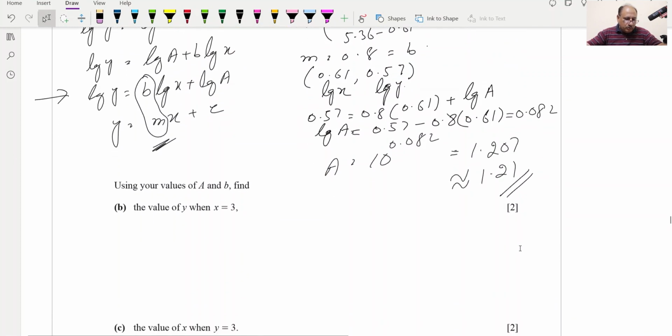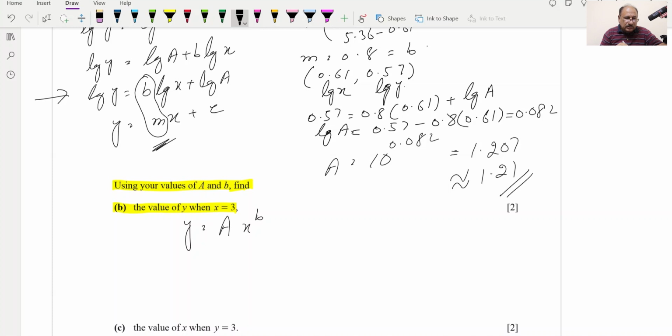Then they are saying use your values of a and b, find the value of y when x is equal to 3. So we have this equation, y is equal to a x raised to the power b.